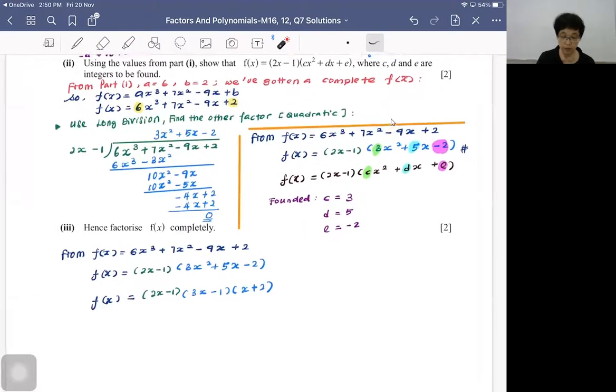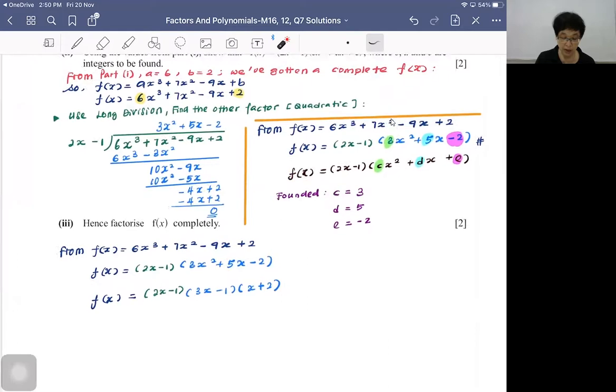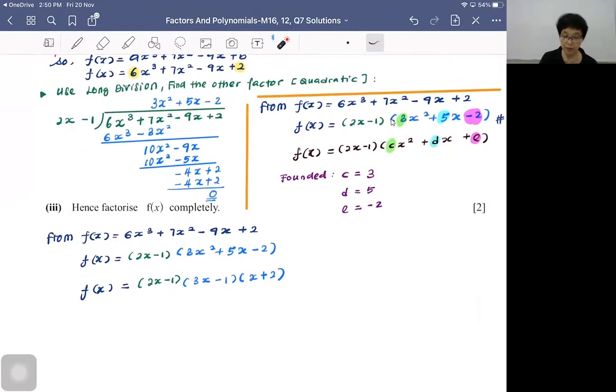Now you go on to tackle section 3, hence factorize fx completely. Again, with the word hence, we are going to utilize the results from the previous section. In this case, we are taking the result from section 2. Therefore, from here, you draw this statement.